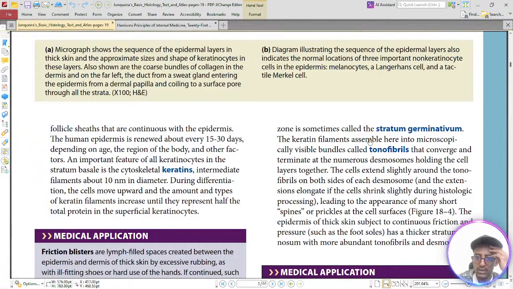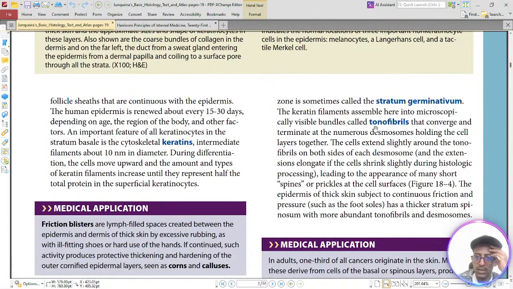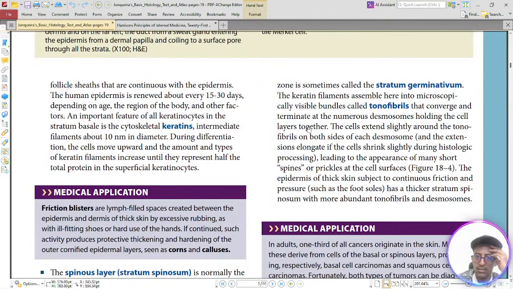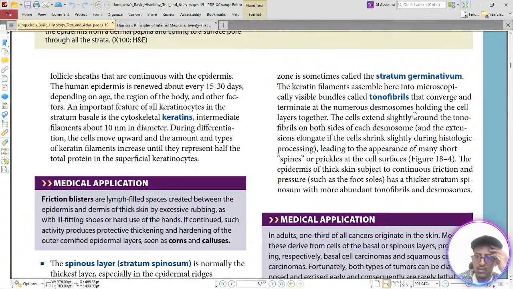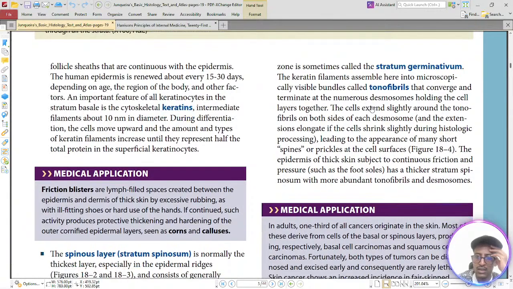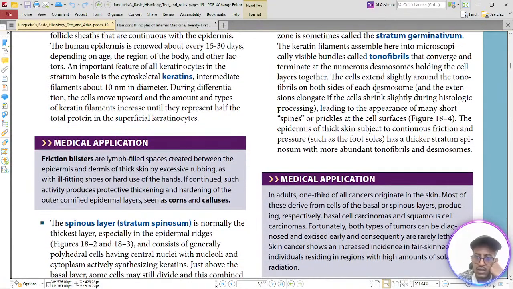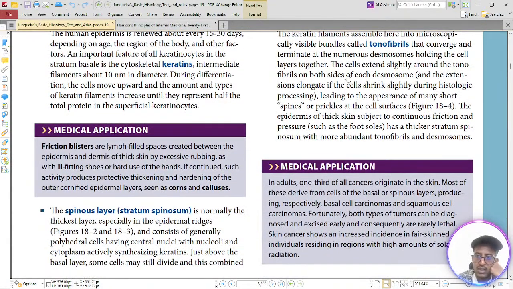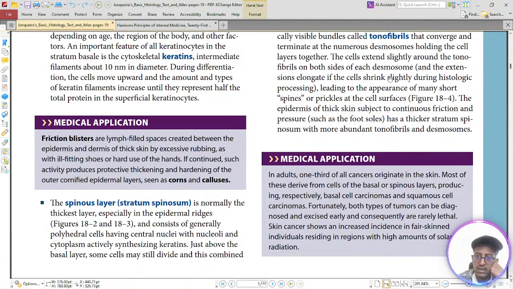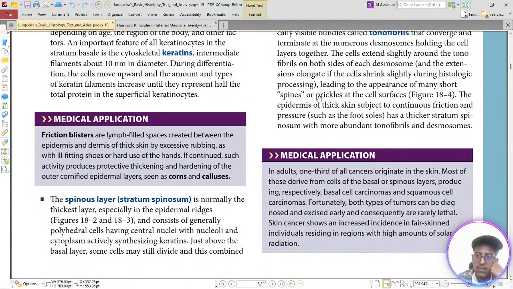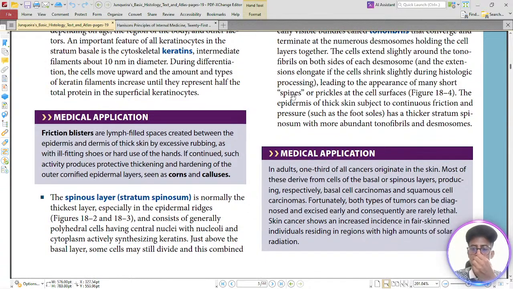The keratin filaments assemble here into microscopically visible bundles called tonofibrils that converge and terminate at the numerous desmosomes holding the cell layers together. The cell extends slightly around the tonofibrils on both sides of each desmosome, and the extensions elongate if the cell shrinks slightly during histologic processing, leading to the appearance of many short spines and prickles at the cell surface.